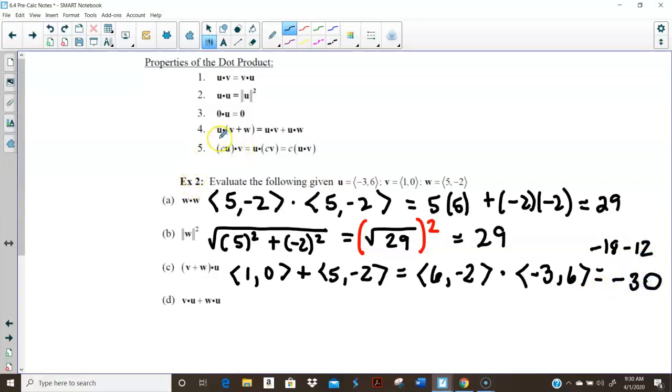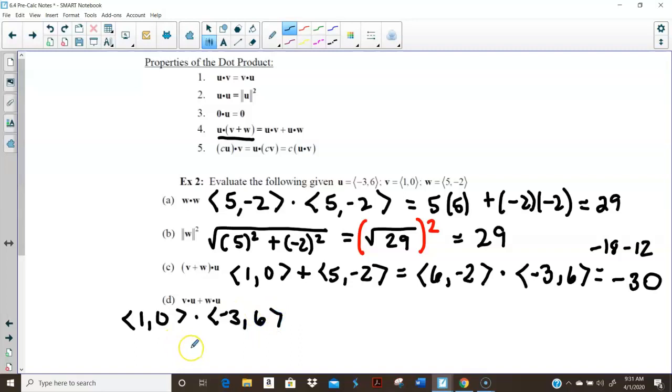So on number 4, we just did this side. Now we're going to prove that it's equivalent to u dot v plus u dot w. Looking at our problem, it would be v dot u plus w dot u. Let's take v dot u first. Vector v is 1, 0, dot vector u, which is negative 3, 6.